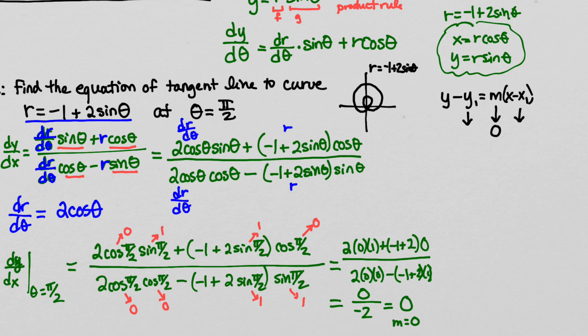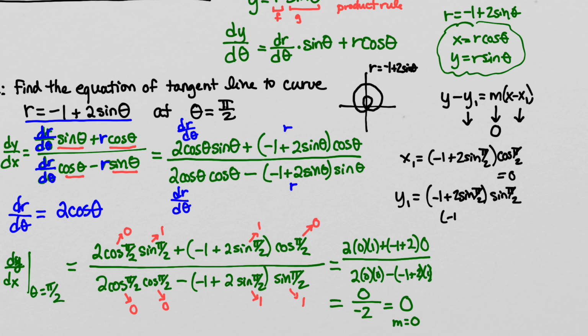So to get x, or our x sub 1, we're going to take negative 1 plus 2 sine of pi over 2, because that's the angle, times the cosine of pi over 2, which is 0. So my x value also becomes 0. My y value is negative 1 plus 2 sine pi over 2 times sine of pi over 2.